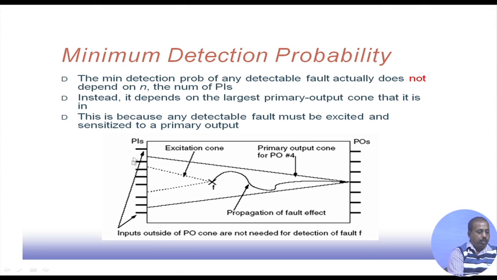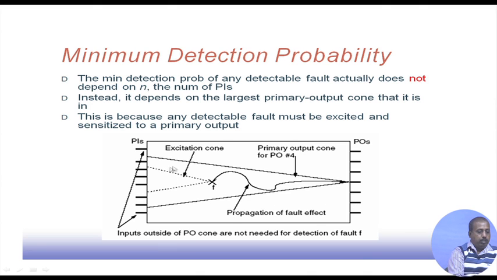It does not depend on the number of primary inputs of the circuit, rather it depends on this value, because suppose this signal line point f goes to several outputs, say this one and this one.